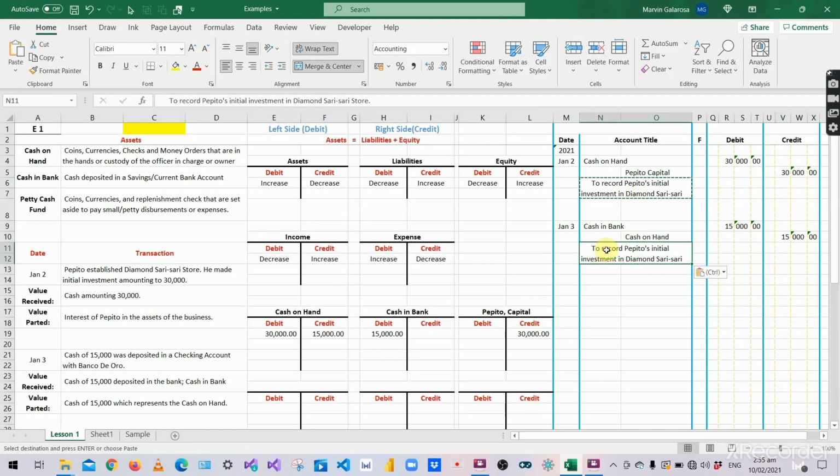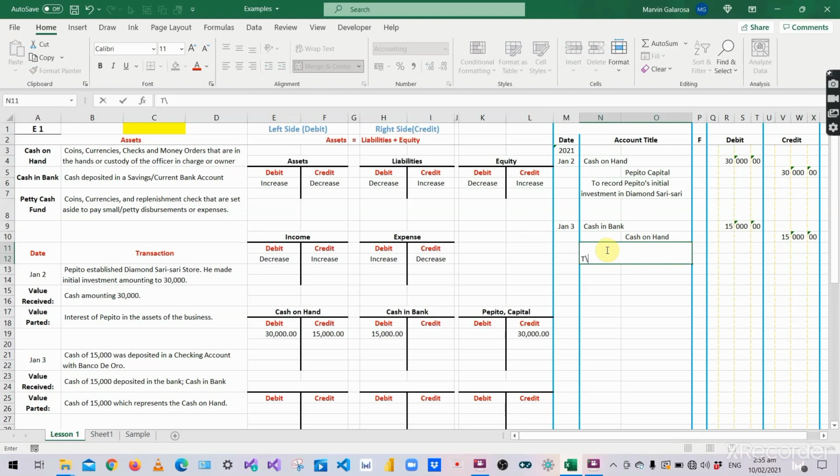Then, wag mong kalimutan yung description. To record cash deposited in BDO.